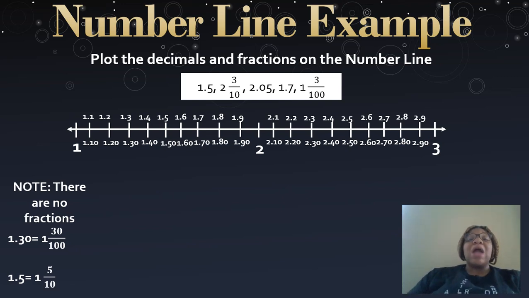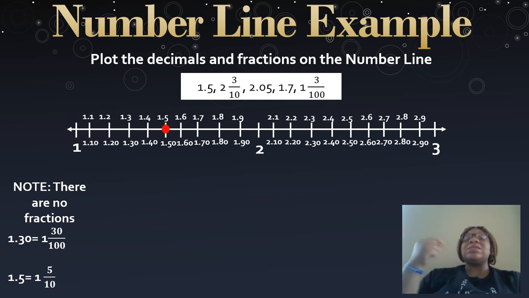Here we go. So now we're looking at 1.5. I'm looking at the ones that are really easy to plot first. So we have 1 and 5/10, 2 and 3/10, 2 and 500, 1 and 7/10, 1 and 300. So I think the first one I'm going to plot is 1 and 5/10. Let's see if that plots for me.